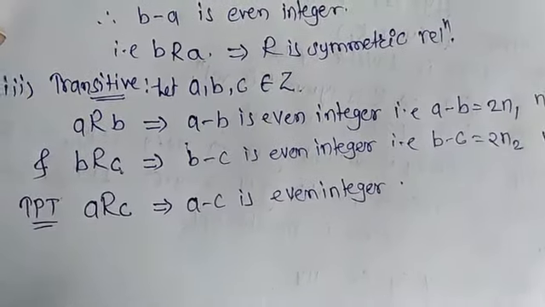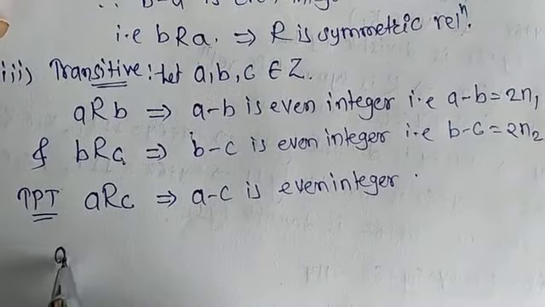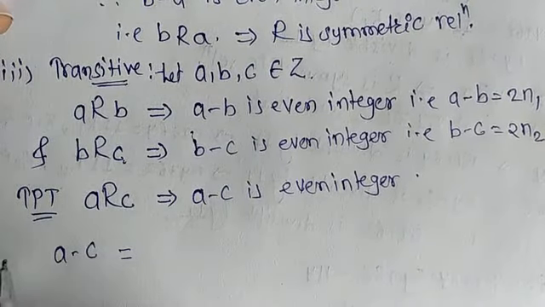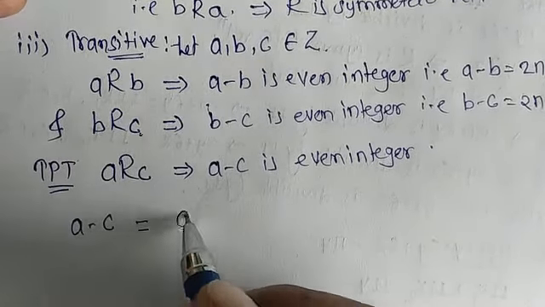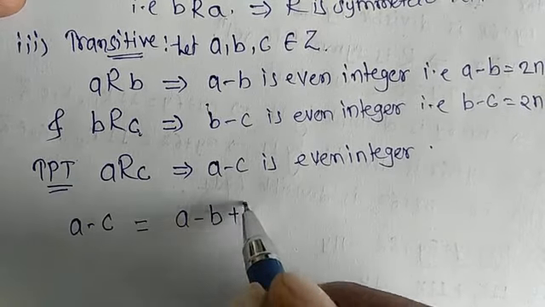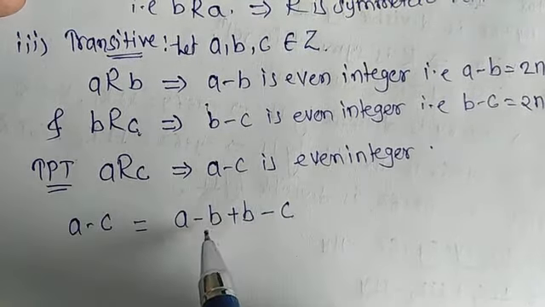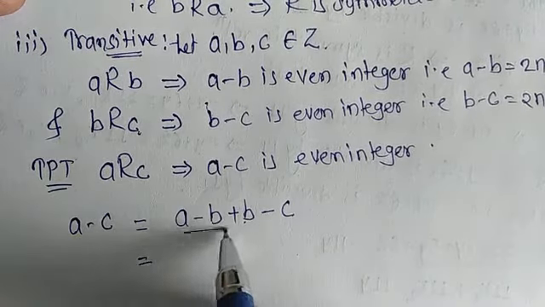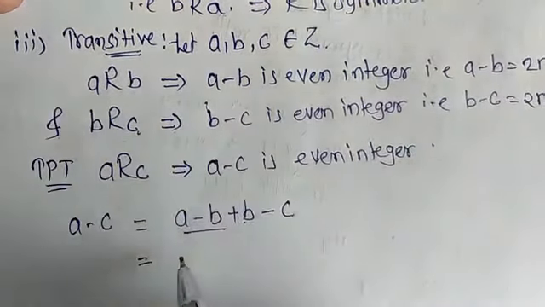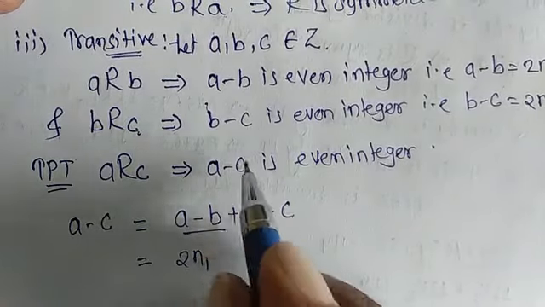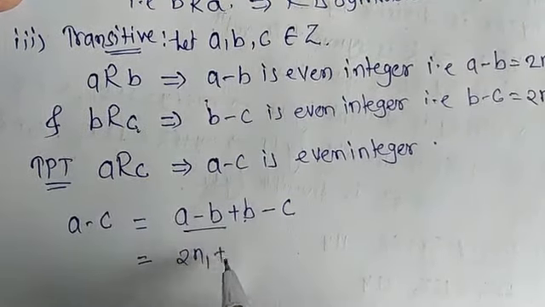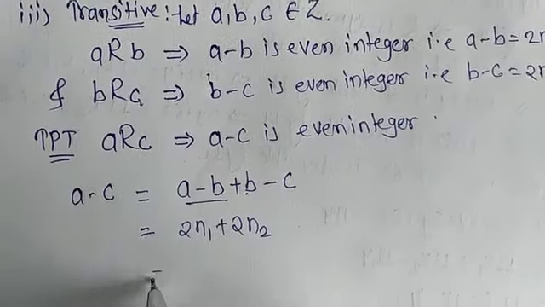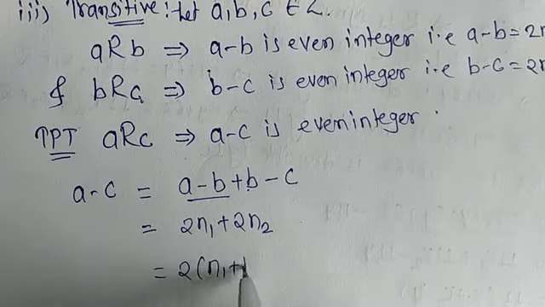Okay, now consider a minus c. It can be written as a minus b plus b minus c; we have adjusted here minus b plus b. Now a minus b is equal to twice n1 and b minus c is equal to twice n2, which gives us 2 into bracket n1 plus n2.